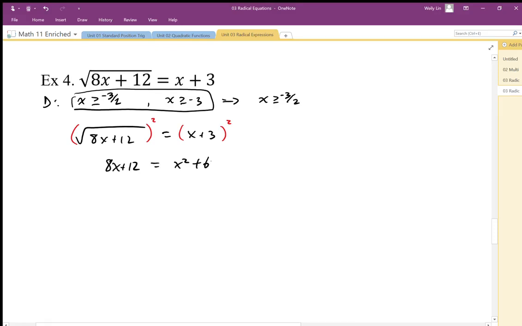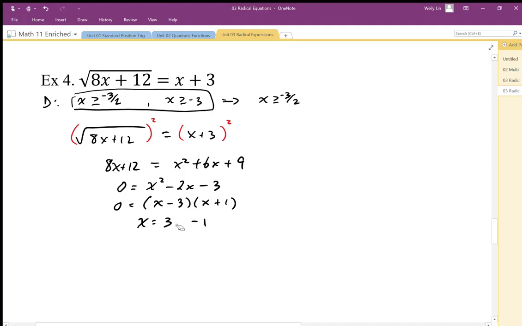And just algebraically make sure that you're expanding using FOIL, or the distributive property. So I end up with x squared minus 2x minus 3. I think this is factorable, so we end up with x minus 3, x plus 1. So we get solutions x equals positive 3, x equals negative 1.